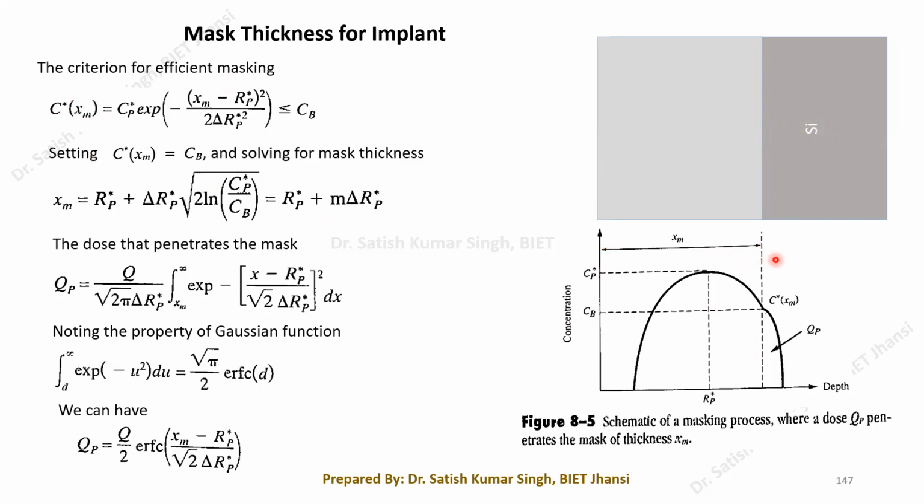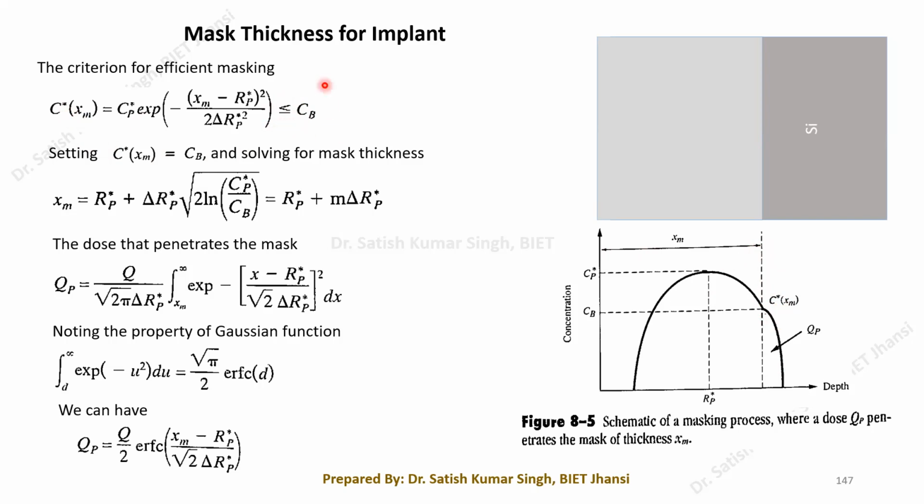So after xm distance or xm depth, whatever the concentration of the dopant material, I'm calling it c star xm. What I'm saying is this c star xm should be less than, or at worst equal to, cb.